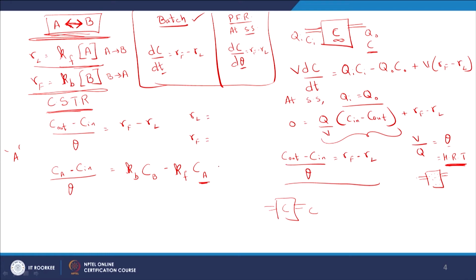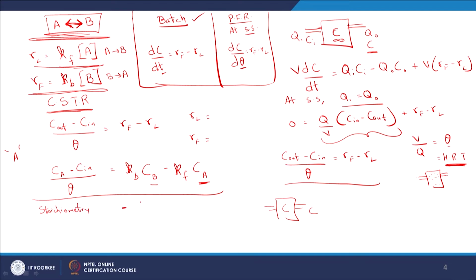So, this is where we are. I guess we can't solve this equation because we have two independent variables here, Cb and Ca, right, and Cn is a known value, the initial concentration is a known value. So, what do we do? We look at stoichiometry, right, and what is that?